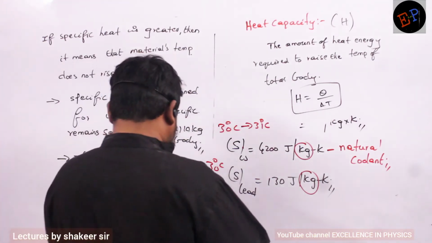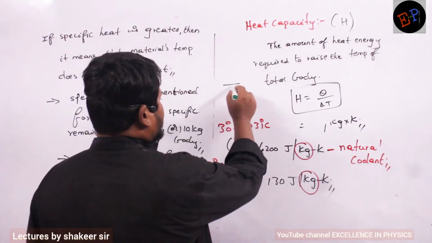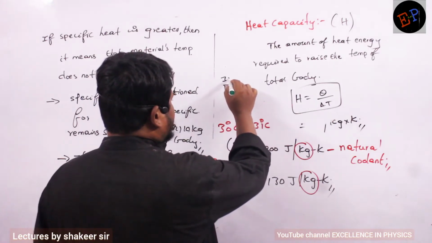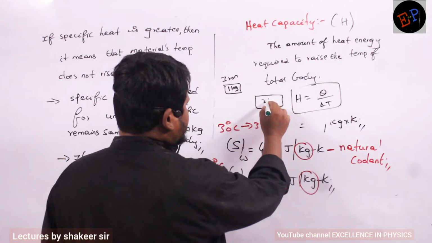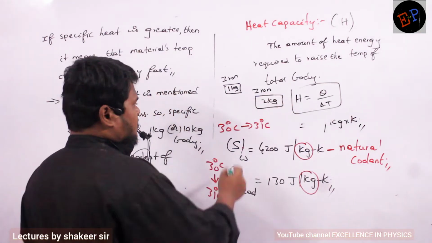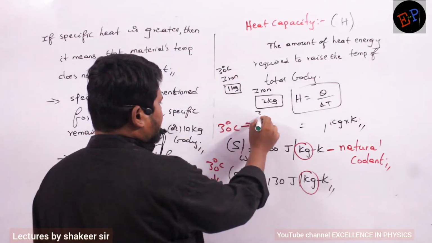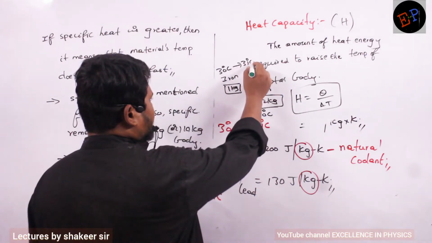Okay, ma? See, what I do is, I will take 2 bodies, ma. I am taking a 1 kg iron box, and a 2 kg iron box. Its initial temperature is 30 degrees, and its initial temperature is also 30 degrees. I want to raise its temperature to 31 degrees Celsius.